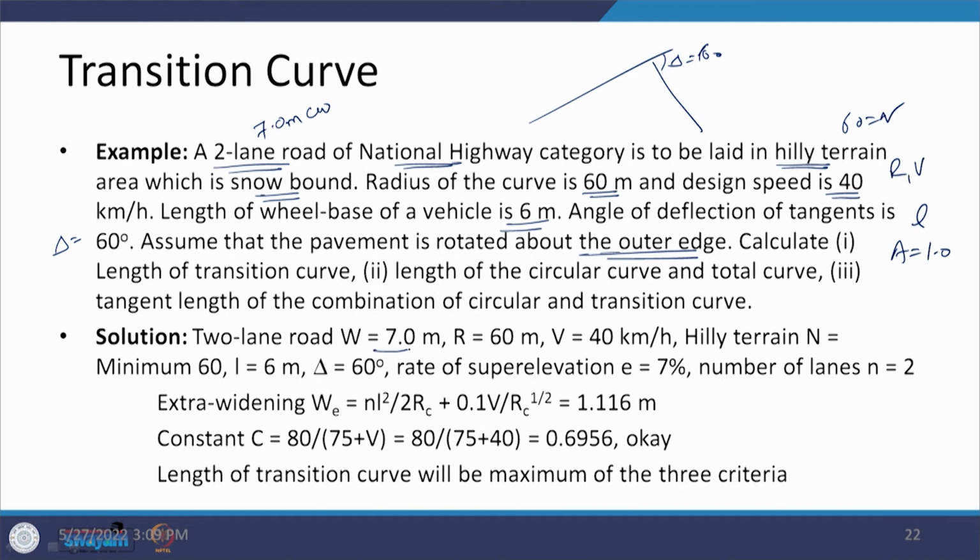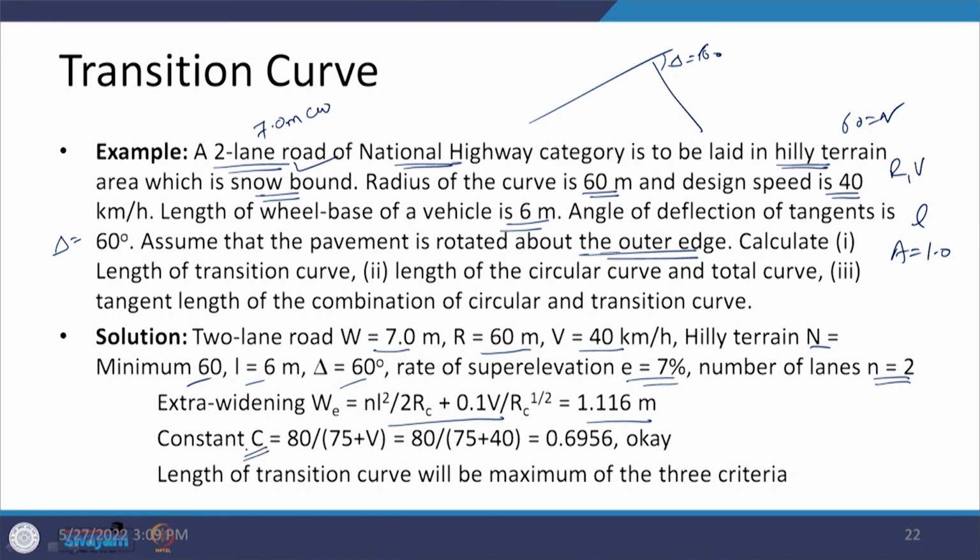So, we have W 7, R 60, V 40, N 60, small l as 6 meters, delta as 60 degrees. The rate of superelevation E is going to be 7% for hilly terrain, snowbound condition, and the number of lanes n is 2. The extra widening which we get is 1.116, based on the formula Wm plus Wp.